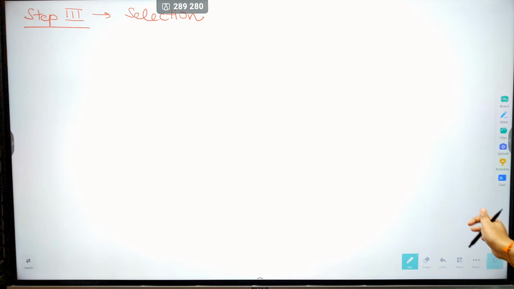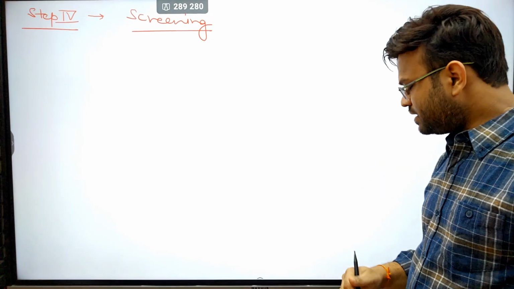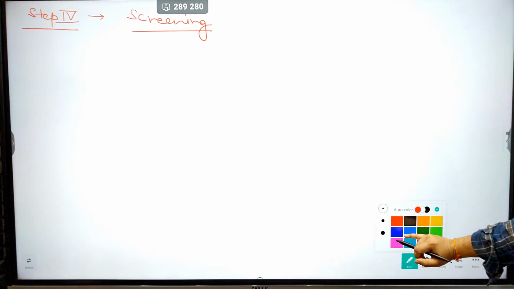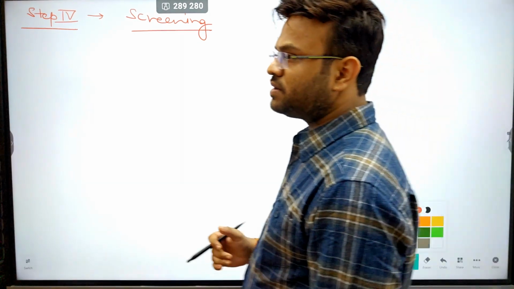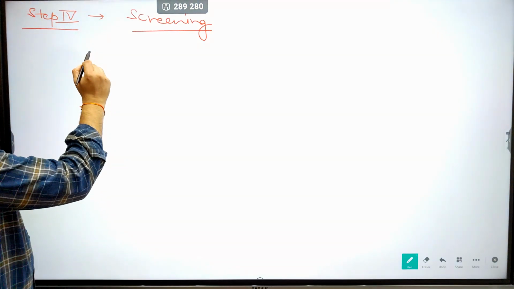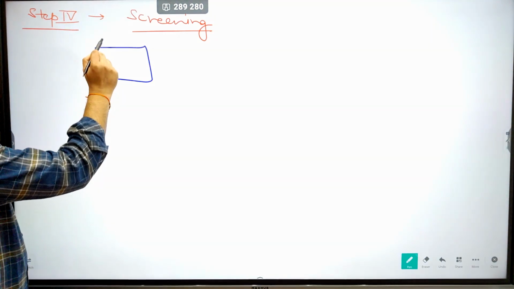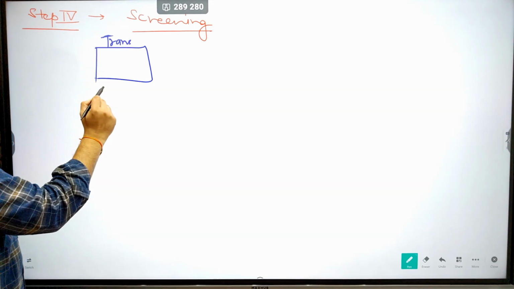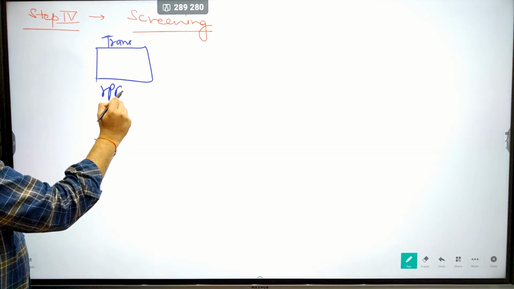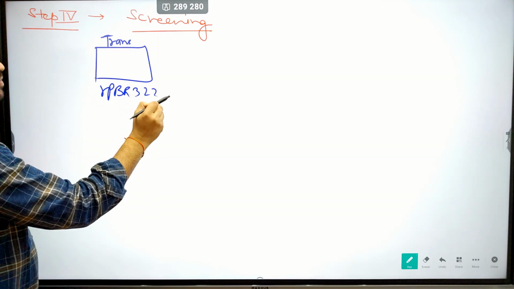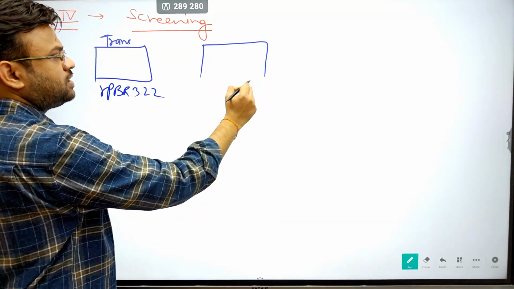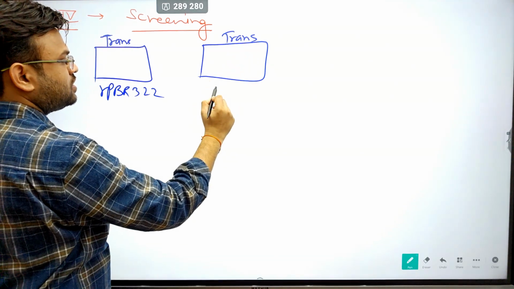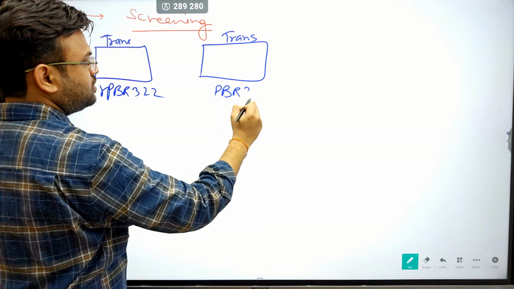Okay, now let us move on to the next process, that is screening. In this screening, what will I do? I am left with only two bacteria now, and these bacteria are the transformed bacteria. Let us draw it like this. So this one is transformed, and this is transformed through recombinant pBR322, and I am left with another bacteria that is also transformed, but it is transformed by only pBR322.